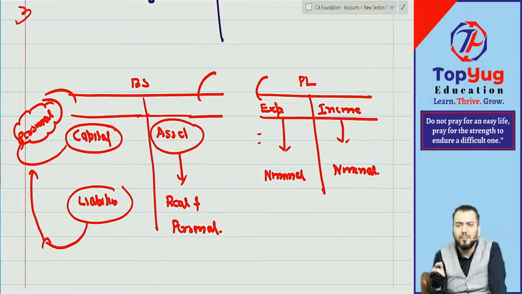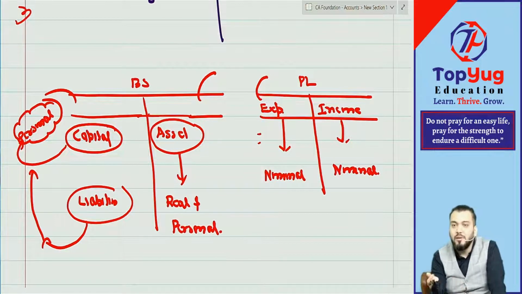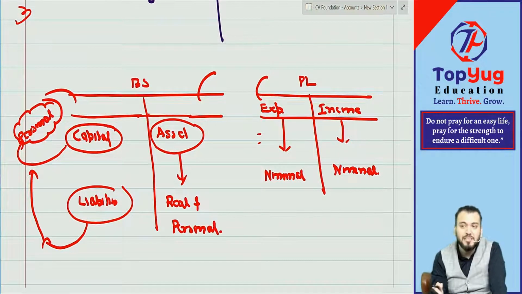Can I say profit and loss account is a statement of nominal accounts, correct? And in balance sheet we write assets, capital and liability. Asset can be real and personal. Capital will always be personal, liability will always be a personal account. Correct? Means, can I say, in balance sheet we do not record nominal accounts.